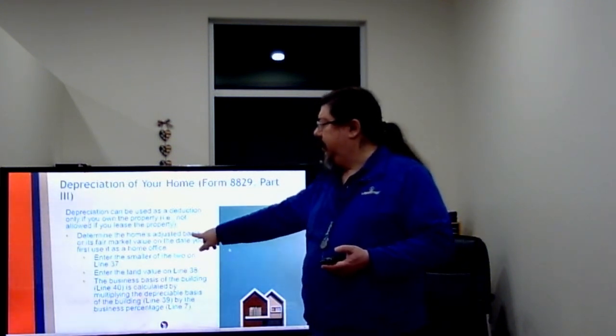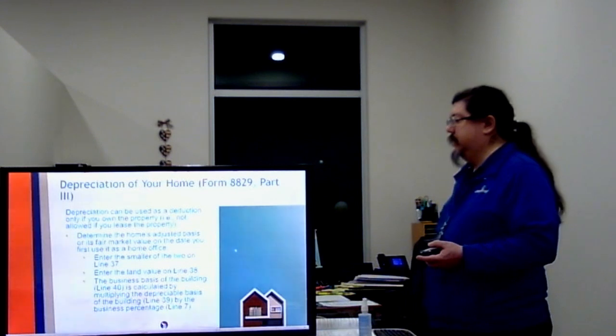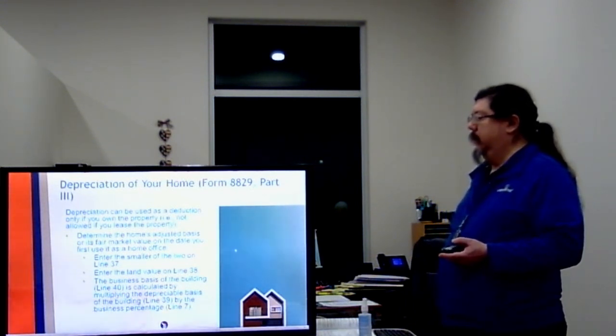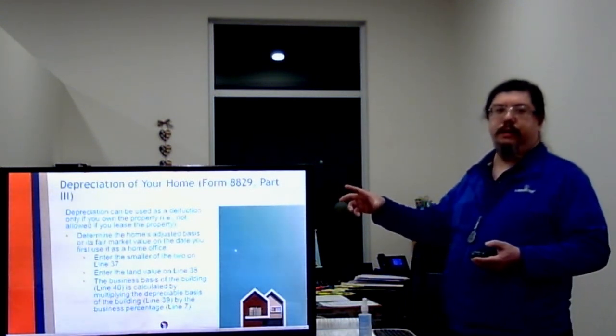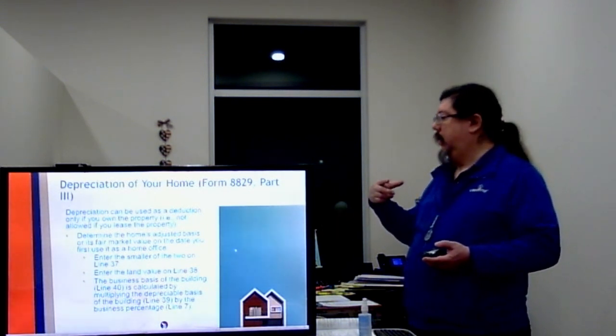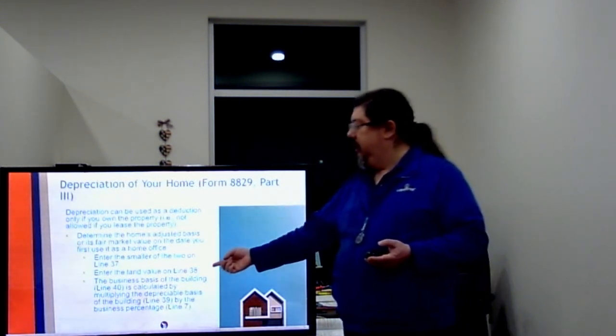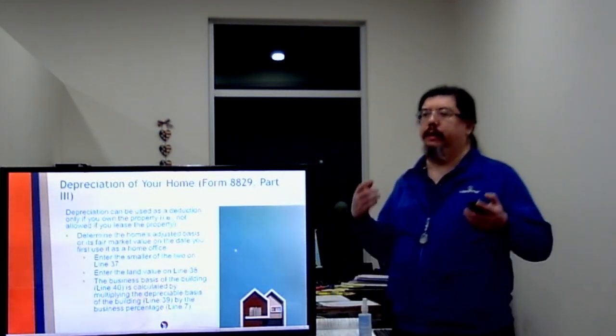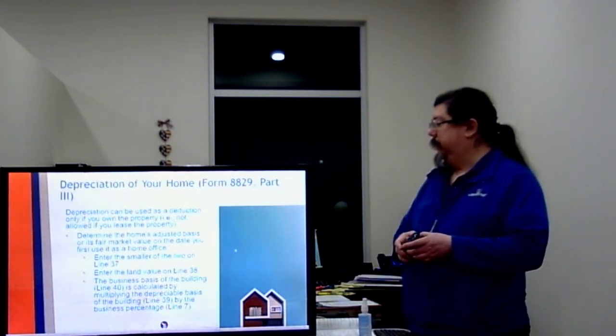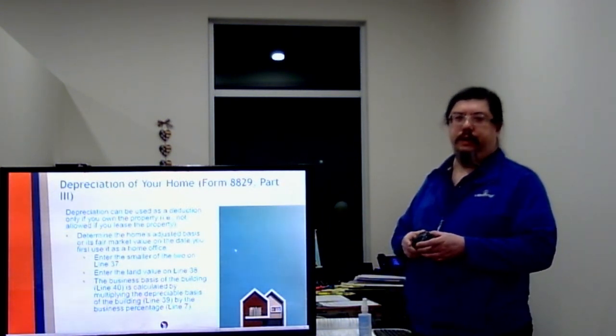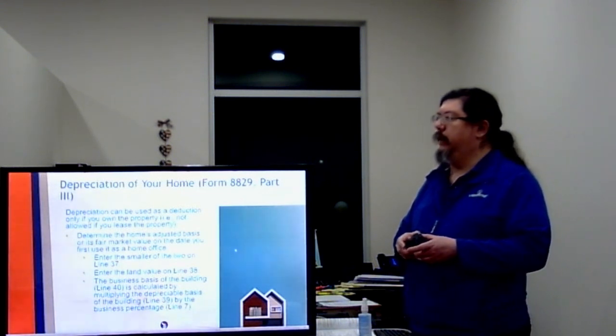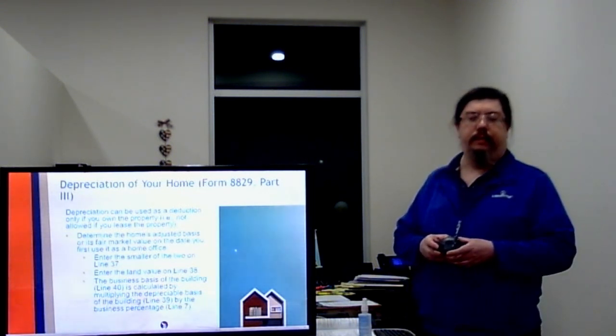Then you subtract the land value from the total basis to get the basis of just the building, and then you multiply that basis by your business use percentage. Then you get to take a depreciation deduction, and it turns out to be 1/39th of the building basis.